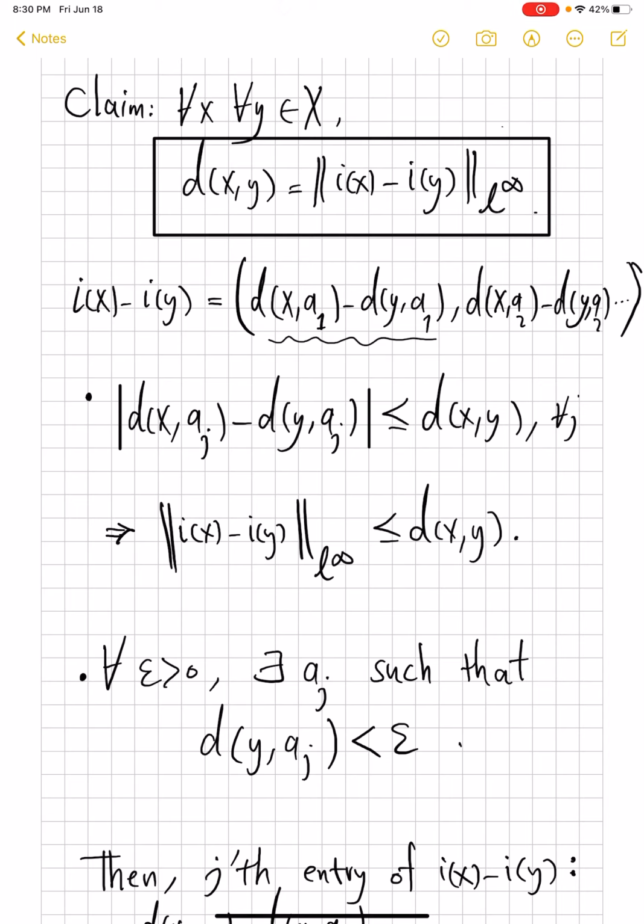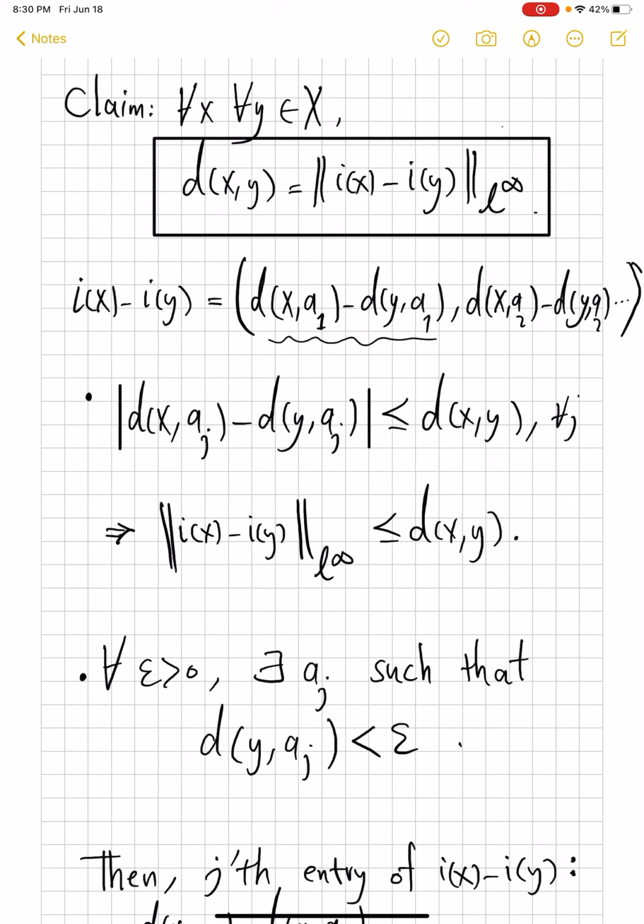Again the triangle inequality tells you that this is less than or equal to d(x,y). But this is for every j, and the right-hand side is independent of j. You take supremum, and that gives you that the L infinity norm of i(x) minus i(y) is bounded from above by d(x,y). So that is half of the proof.